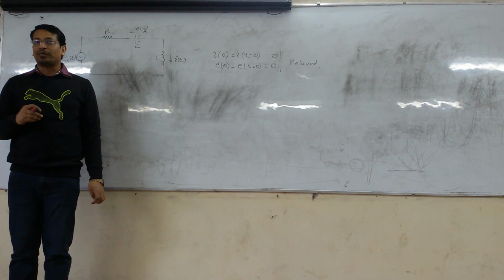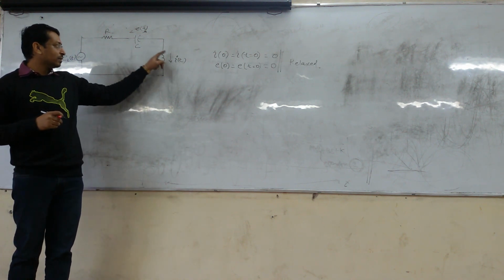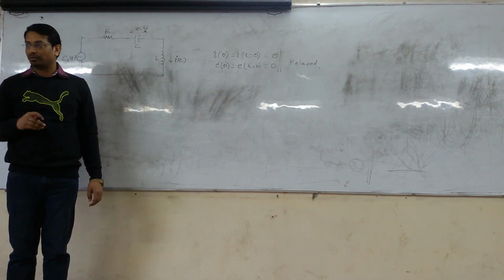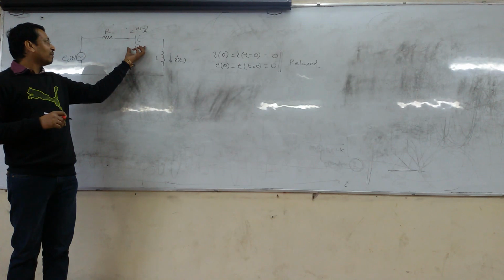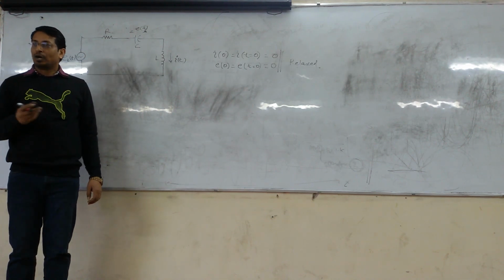If you define that I am going to take output current through the inductor, then the transfer function will be different for you. If you say that I am going to read the voltage across the capacitor, then the output will be different.